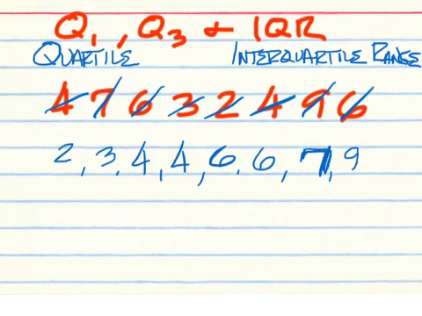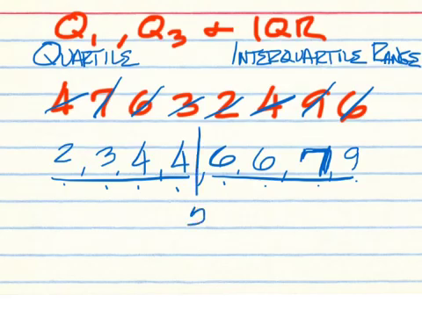Find the midway point. We have 1, 2, 3, 4, 5, 6, 7, 8 numbers. So that means we have 4 here and 4 there. We're not interested in the median in this case, although you could still find it to be 5. But quartile 1 is the midway point of the left-hand side of these numbers.